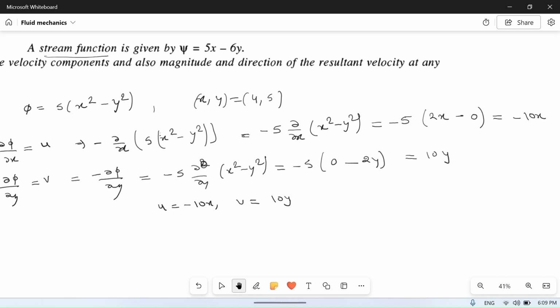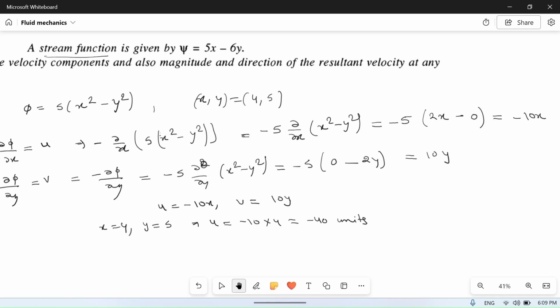So we had to find the velocity at 4 and 5. So x is equal to 4 and y is equal to 5. So u is equal to minus 10 into 4, which is minus 40 units.